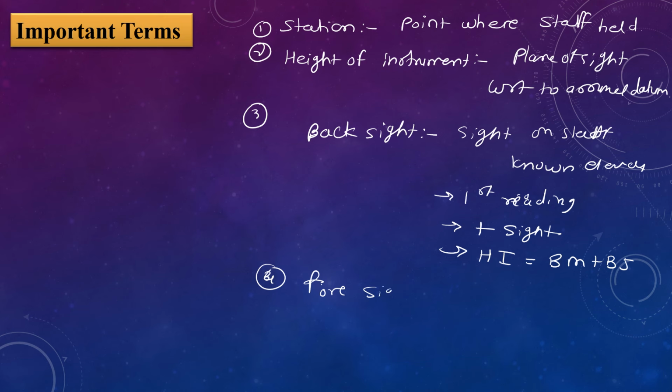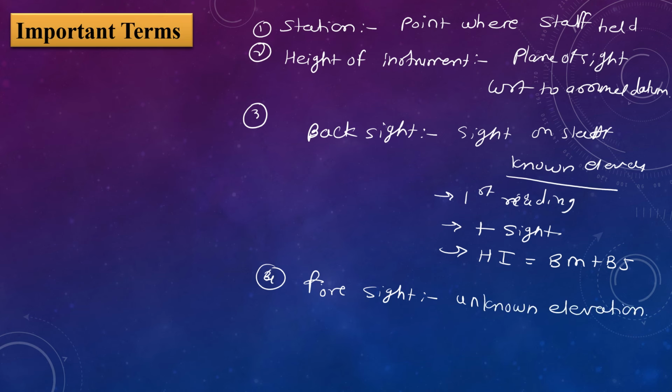Then next, fourth is foresight. Foresight is a sight taken on a staff held at unknown elevation. Here backside is taken on known elevation, and foresight is taken on unknown elevation.